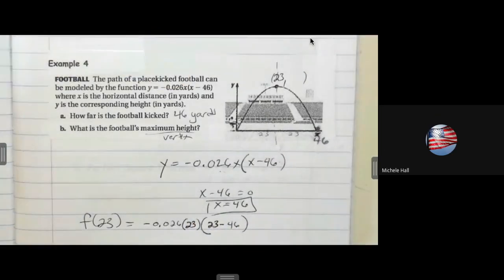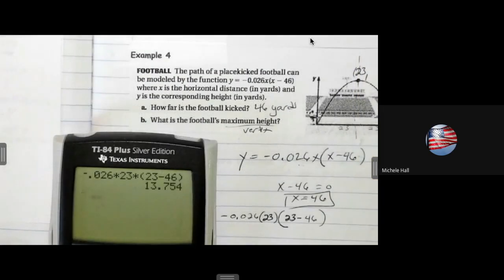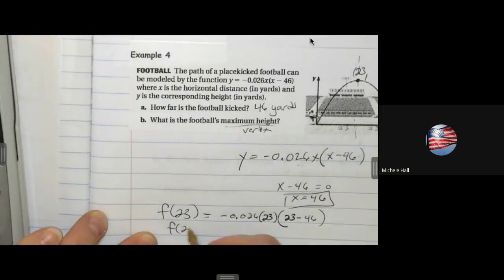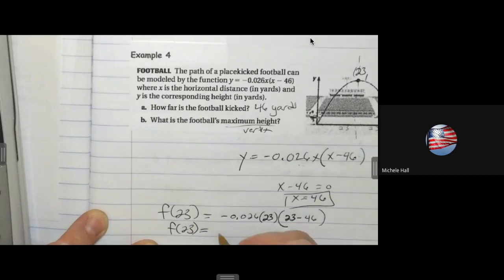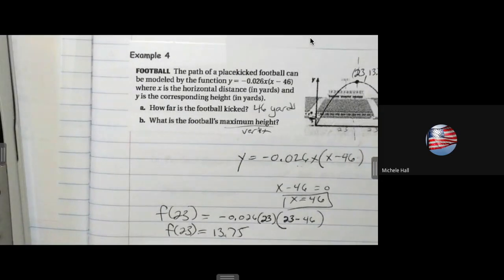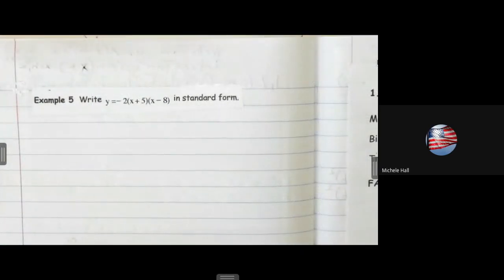Use your calculators, get an answer, and I got 13.75. So f of 23 equals 13.75. So that would go here for the vertex. Then I just have to answer the question. What was the football's maximum height? 13.75 yards.